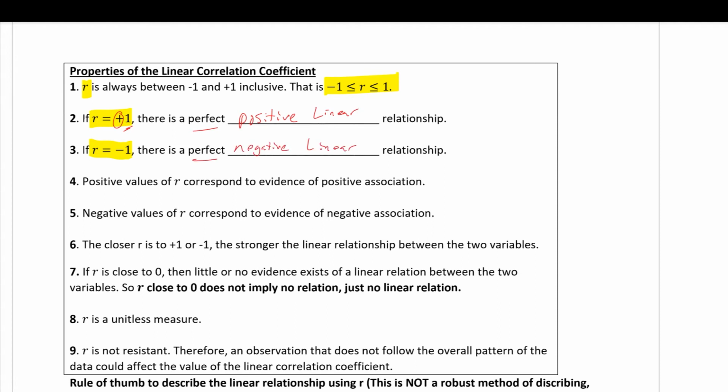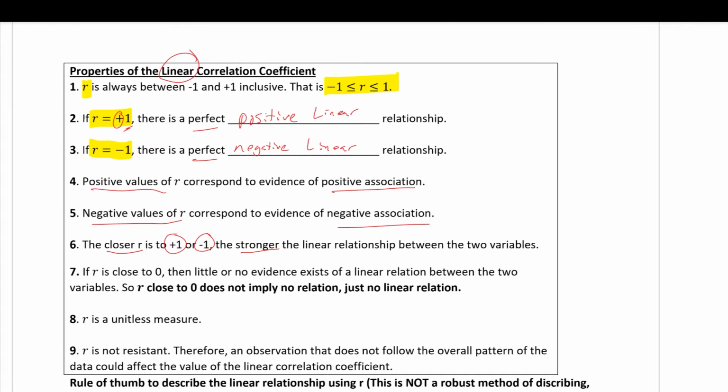Now, one thing I do want to mention is that this linear correlation coefficient only detects linear relationships. It won't detect any other type of relationship. Positive r values correspond to positive association. Negative r values correspond to evidence of a negative association. And r values closer to the extremes of +1 and -1 are stronger linear relationships than those towards the center, which would be 0.